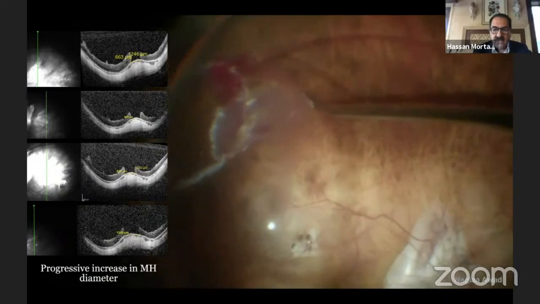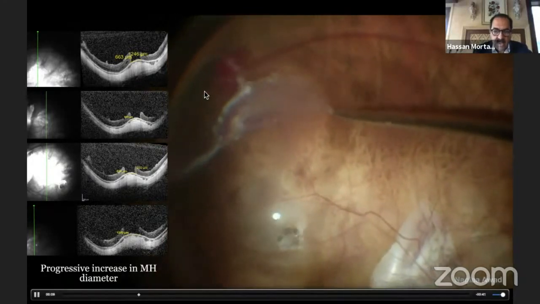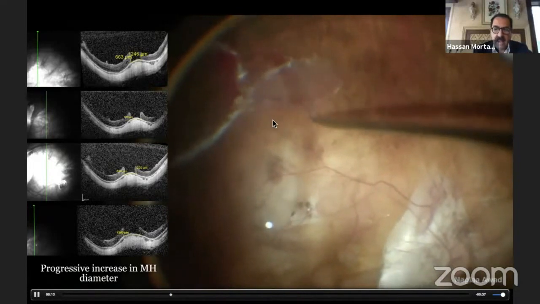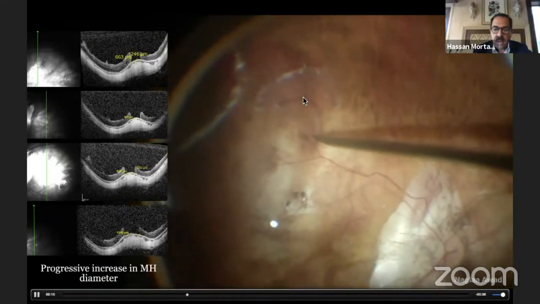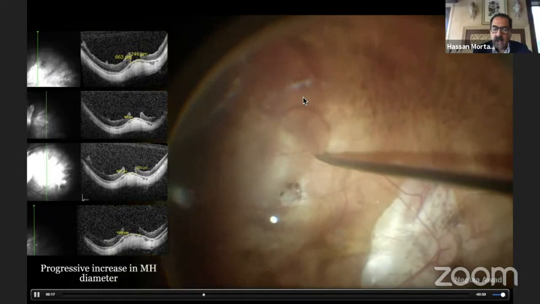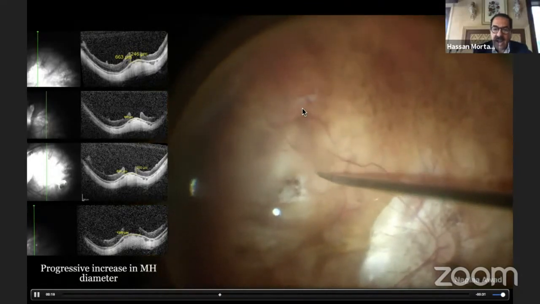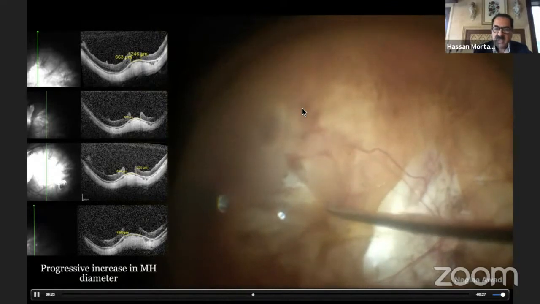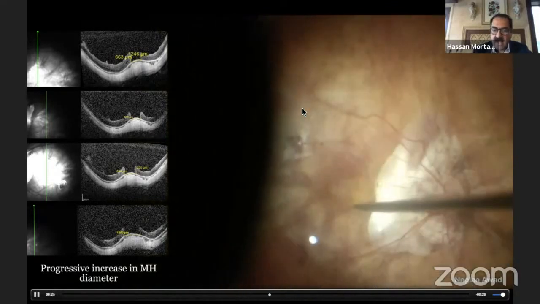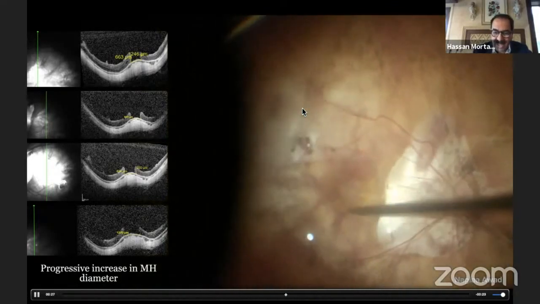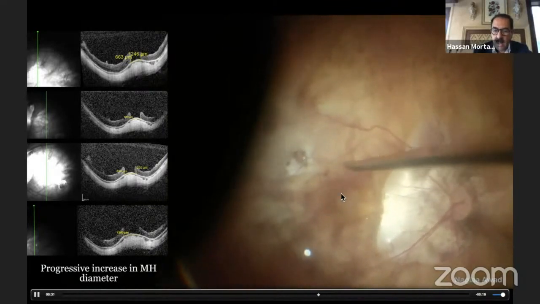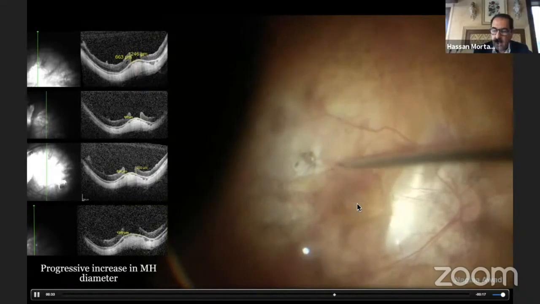neurosensory retinal flap. So diathermy was gently applied, and under PFCL the flap is dragged slowly along the surface of the retina, never elevating the flap tangential to the surface of the retina, and it is brought over the macular hole.